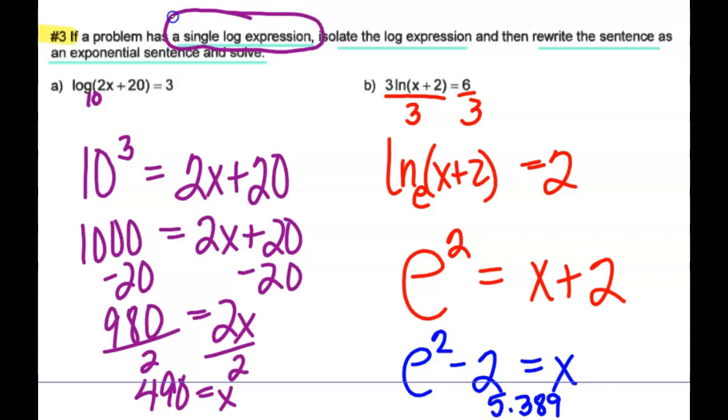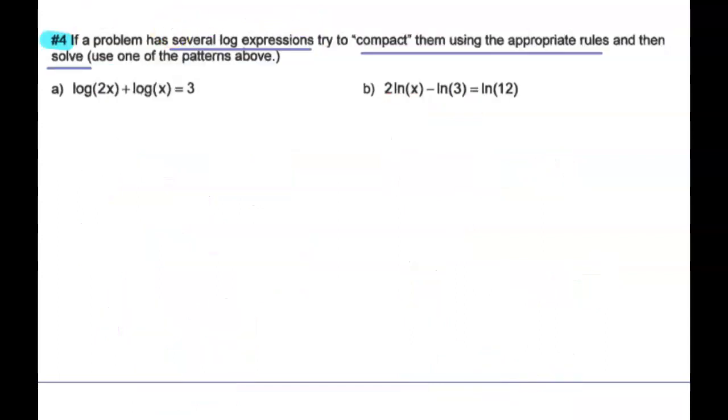All right, then we get to talk about when we have multiple logs. This is why we had to know 3.3, okay? Condensing and expanding logs. We did a little bit of it already when we moved the exponent out front, but that's a pretty easy one to remember. Beyond that, when you have 2 logs, these are 2 very different questions, by the way.